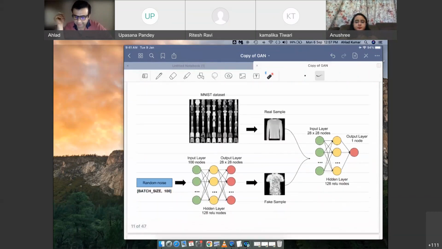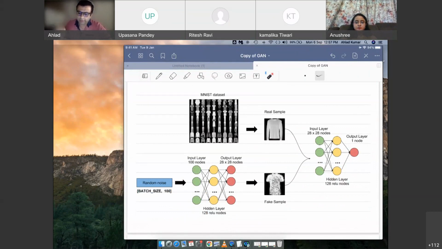So this is again a picture which I had taken from the internet. It shows the same concept, but in our earlier case we had cat images and we were trying to generate an artificial cat image which is not in the data set. Here the similar concept can be replicated to the MNIST data set also.